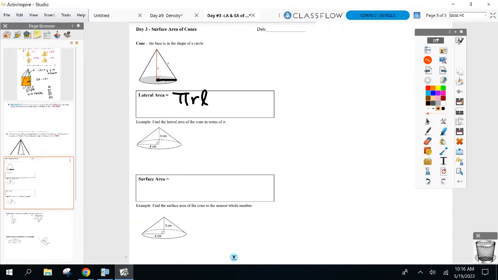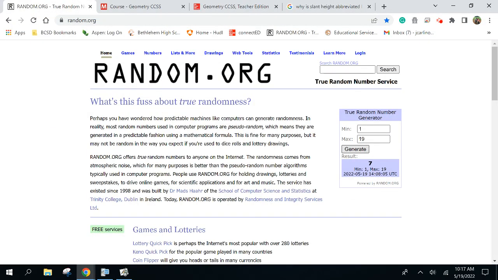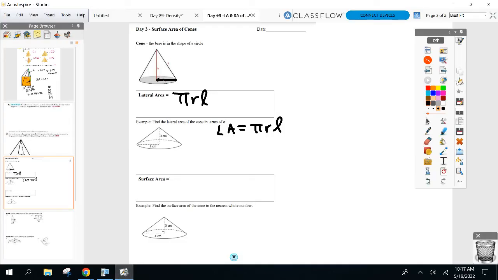All right, so let's find the lateral area of this cone in terms of pi. Lateral area, pi r L. Pi, what's the radius? 4. Can I use 3 as the slant height? No, so how can I find slant height? Similar to yesterday's pyramid talk, Pythagorean theorem. 3 is the height, not the slant height.